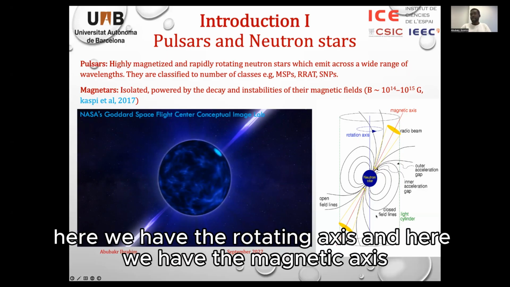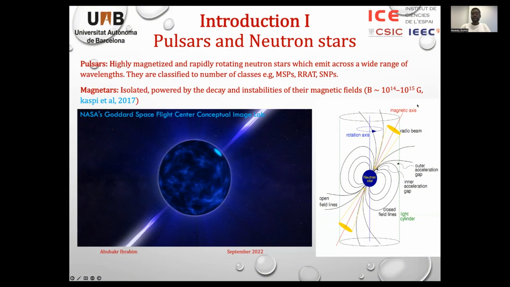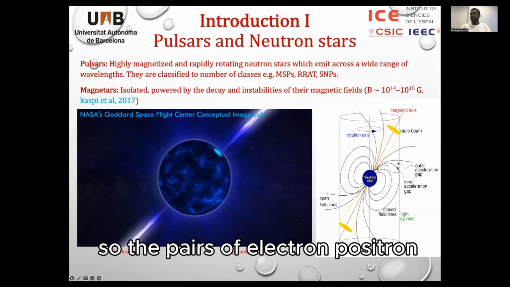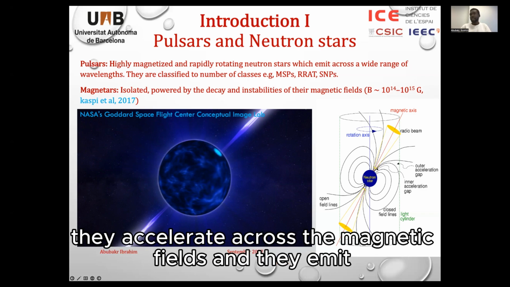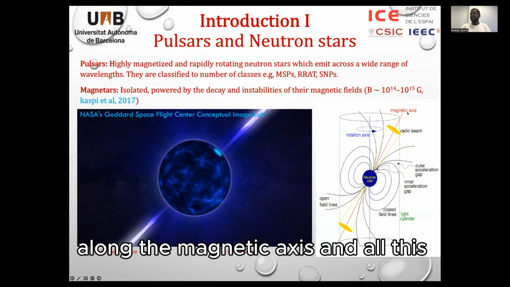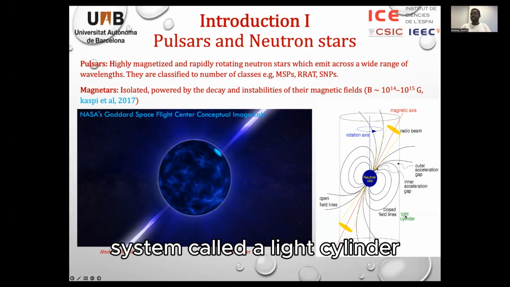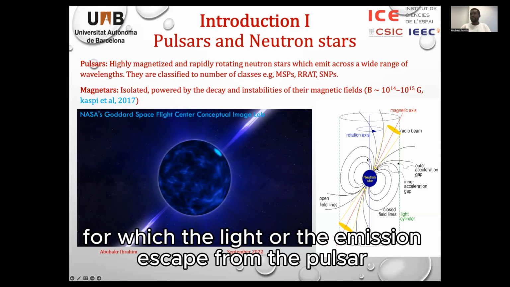Here we have the rotating axis, and here we have the magnetic axis. The pairs of electrons and positrons accelerate across the magnetic fields and they emit along the magnetic axis. And all this system is called a light cylinder, within which the emission escapes from the pulsar in the magnetic field.